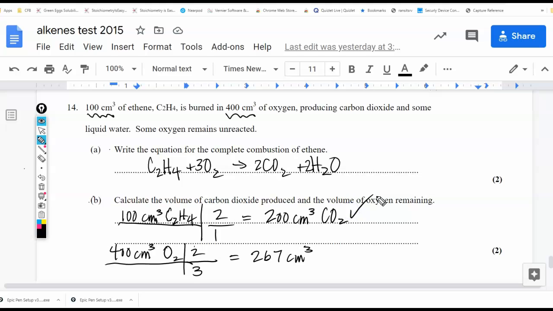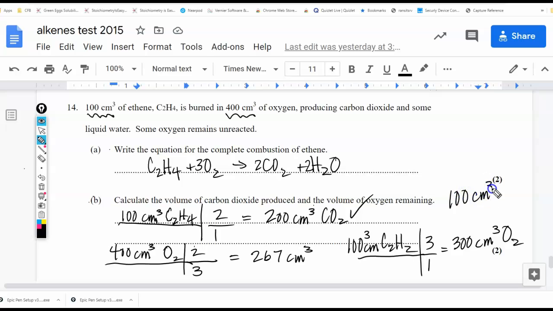So I need to do one more calculation to figure out how much oxygen is used up. So 100 centimeters cubed of C2H4 is going to react with the oxygen in a 1 to 3 ratio. So it's going to use up 300 centimeters cubed of O2. So that means that 100 centimeters cubed of O2 will remain. And that's going to be my answer to that question right there.